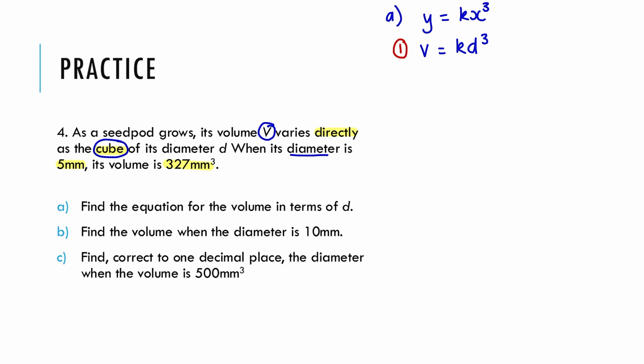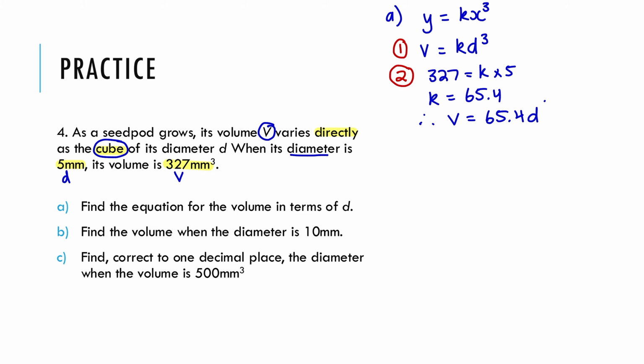Now, because the question has given us a bit more information, I'm going to do part 2 so I can find K. So here the volume is 327 millimeters cubed and the diameter is 5. So K times 5. So then K is equal to 327 divided by 5, which is 65.4. So therefore my equation is V is equal to 65.4 times the diameter.